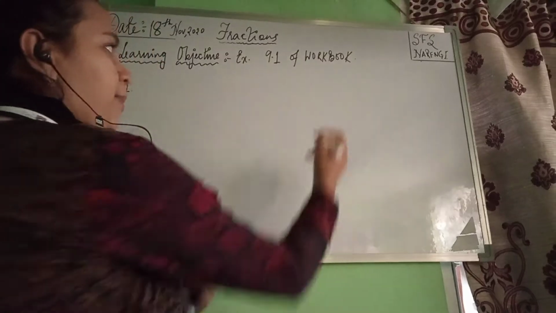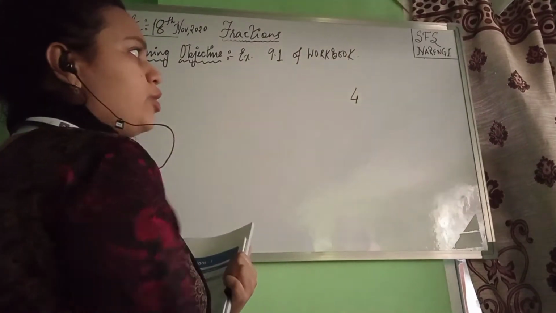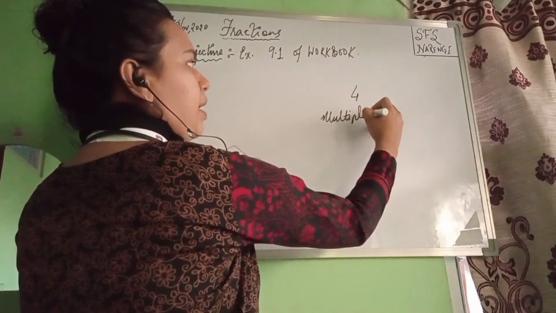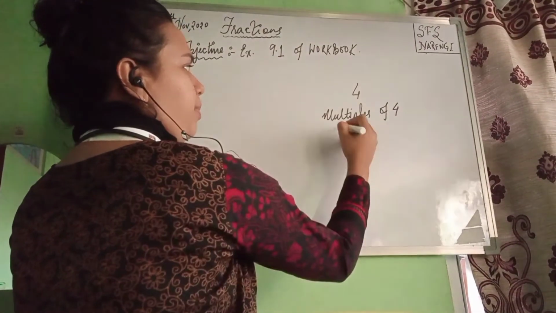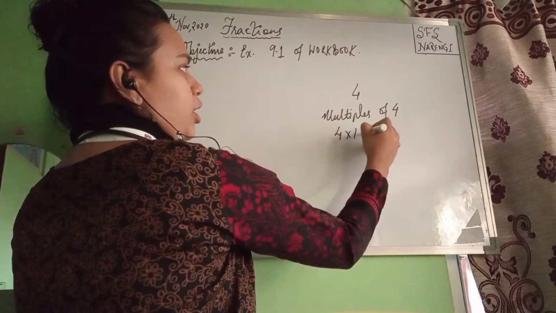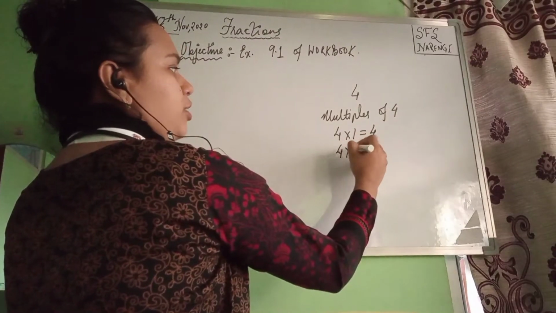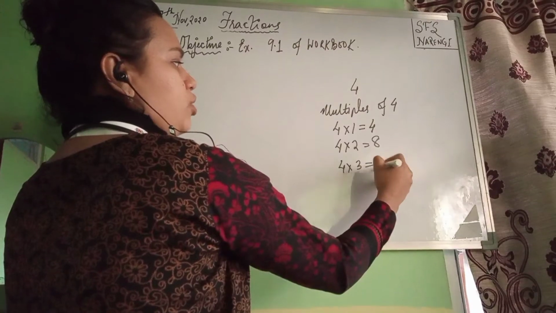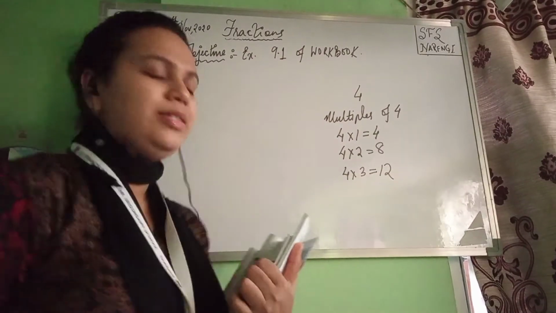If I take a number 4, multiples of 4 would be 4 into 1 equals 4, 4 into 2 equals 8, 4 into 3 equals 12 and so on, right?